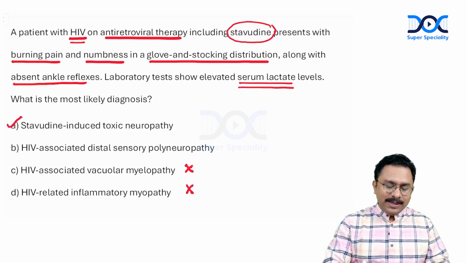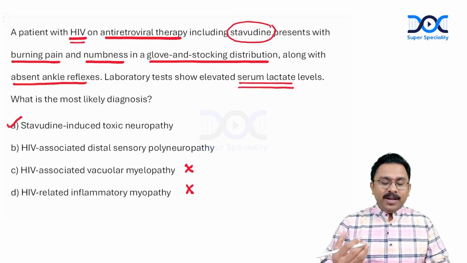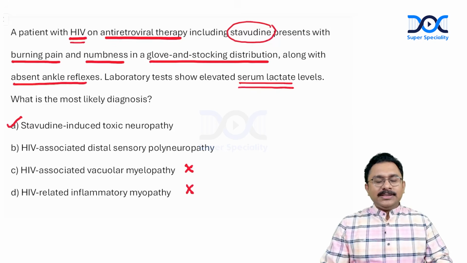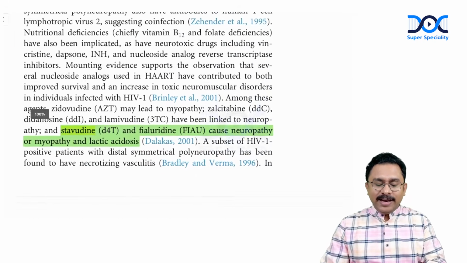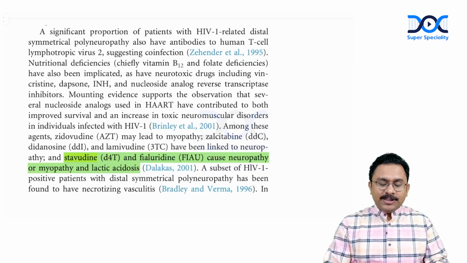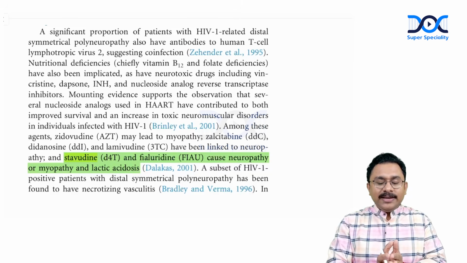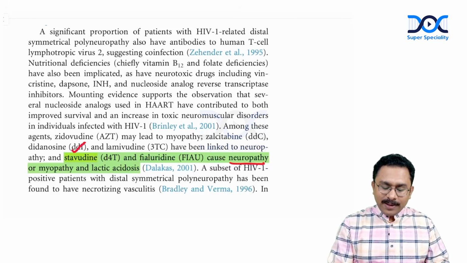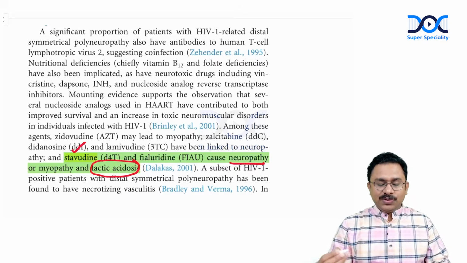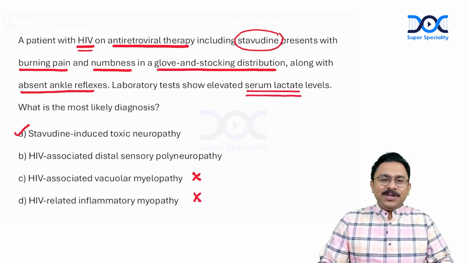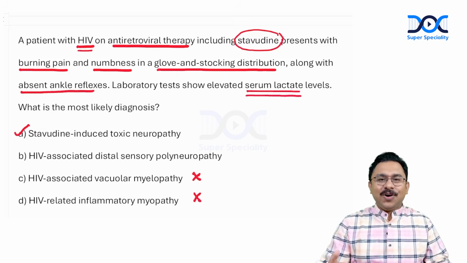Though retroviral infections can also have a similar sort of presentation, since the serum lactate levels are elevated, that would be my preference. You can see this particular Bradley neurology screenshot, again showing you stavudine related neuropathy along with lactic acidosis. So for this question, my answer is going to be option A, stavudine induced toxic neuropathy.